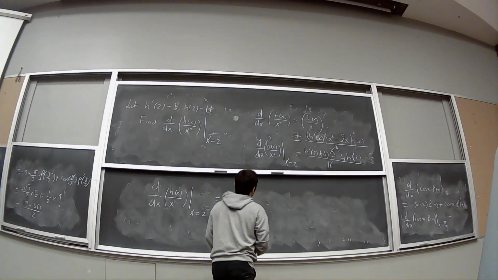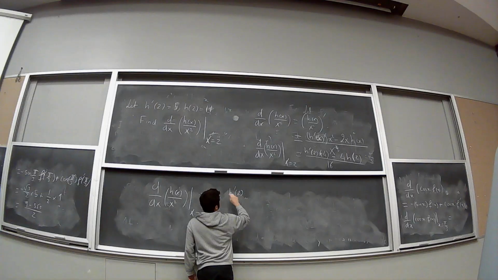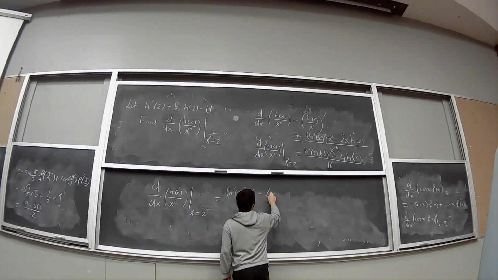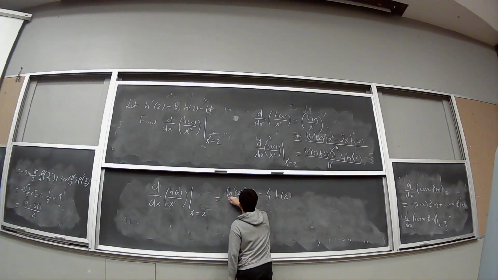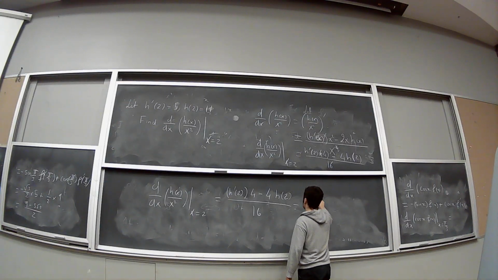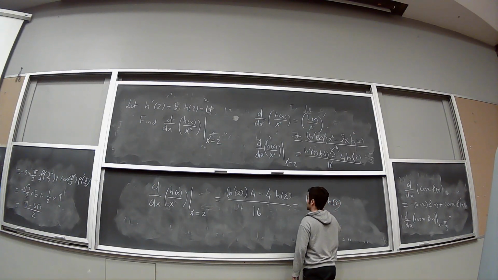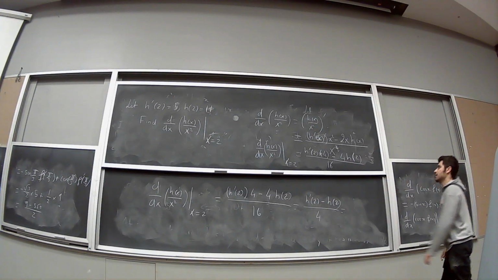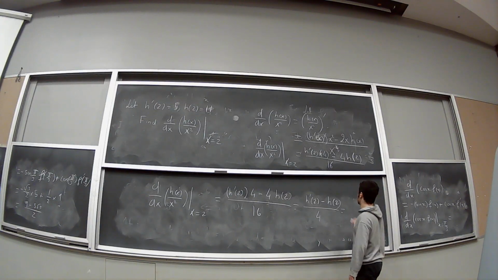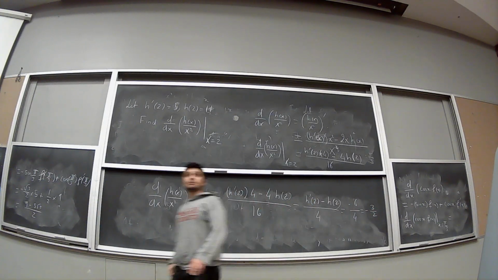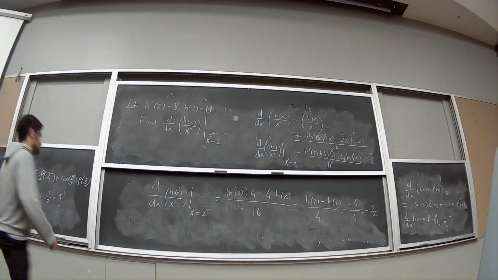This is just h prime of 2 times 4, minus 2 times 2, which is 4, times h of 2, divided by 16. You can cancel out the 4s. You get h prime of 2 minus h of 2 over 4, right? What is h prime of 2? It's 5. So it's 5 minus 11, which is minus 6 over 4, which is minus 3/2. Okay, are we good? Great.